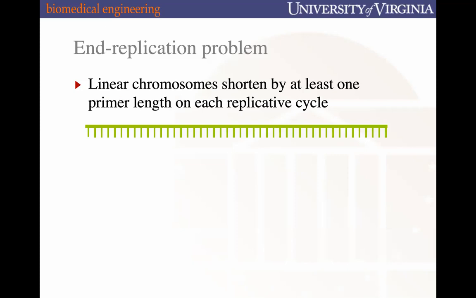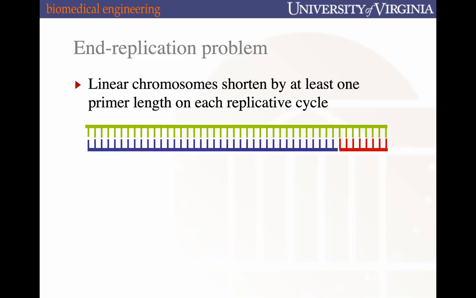As you can imagine, our DNA is linear. It's wrapped tightly to form chromosomes. But what's going to end up happening is there's going to be a point at the very end of our DNA where we'll have an RNA primer.